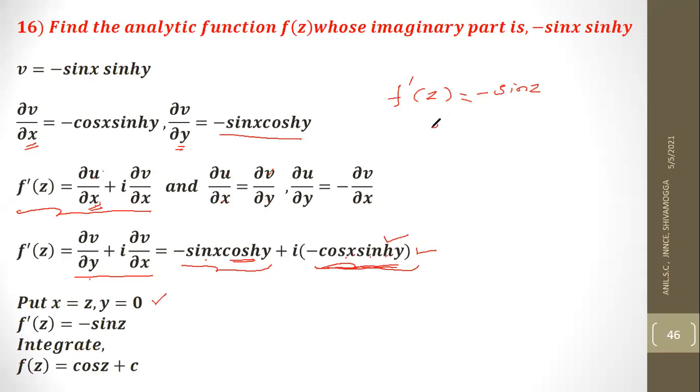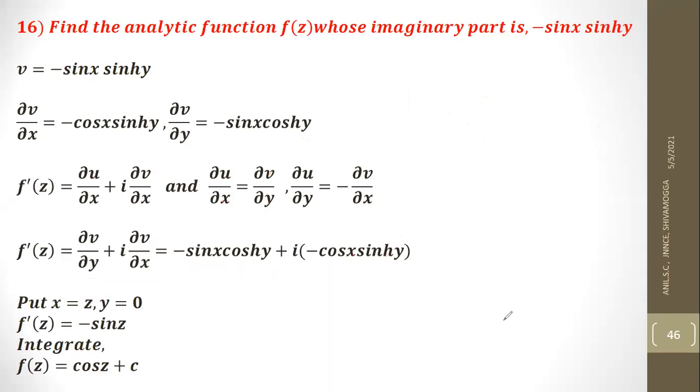Integral of f dash of z is f of z, minus integral of sin z, which is minus cos z, minus into minus, plus cos z plus an integral constant c. Therefore, cos z plus c is the analytic function whose imaginary part is minus sin x into sine hyperbolic y.